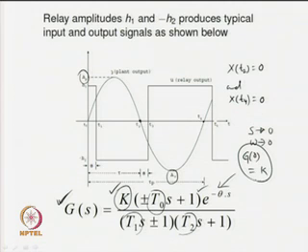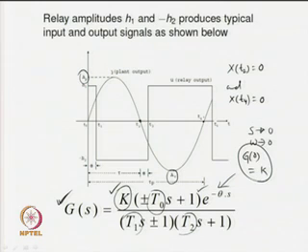For that, we have to concentrate on the asymmetrical output, and if I concentrate on one period of the asymmetrical output, the area of the asymmetrical output can be obtained conveniently using the analytical expressions we have derived earlier. So, what will be the area of the asymmetrical output for one period?